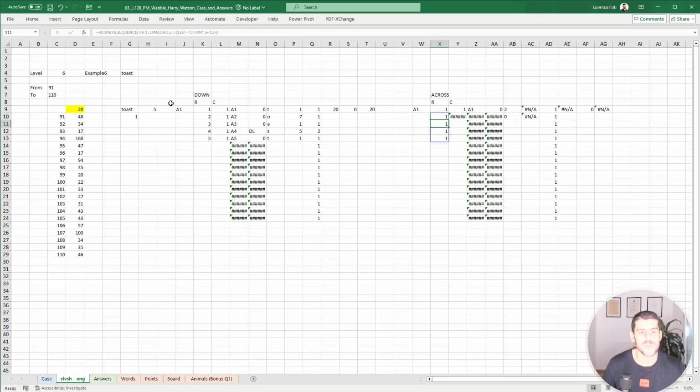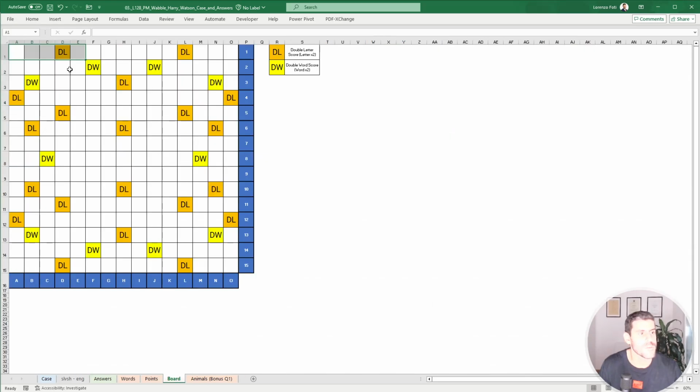The length is the same. Okay, so basically, if you go down right, is the same thing.